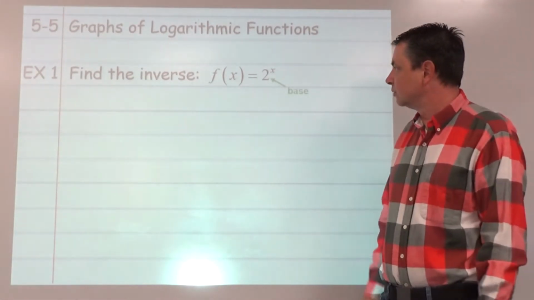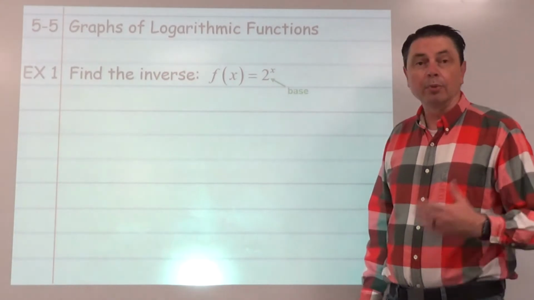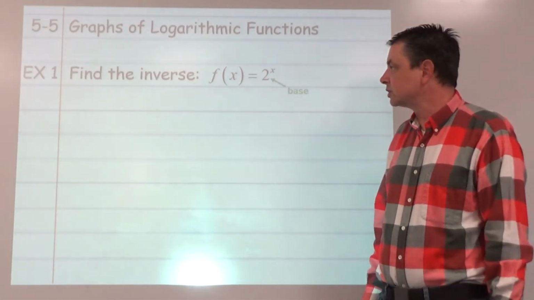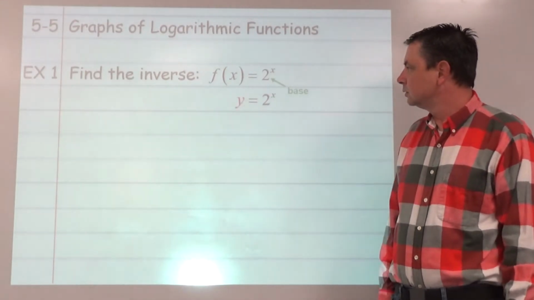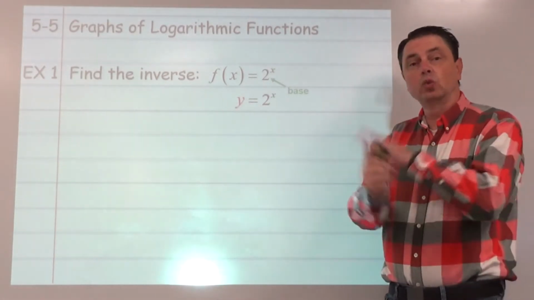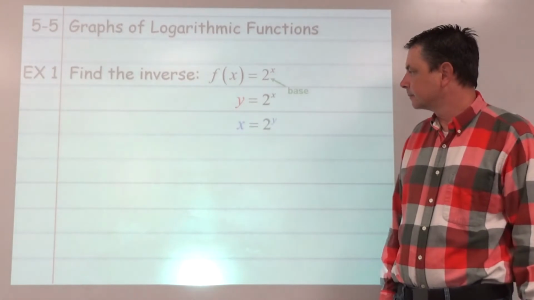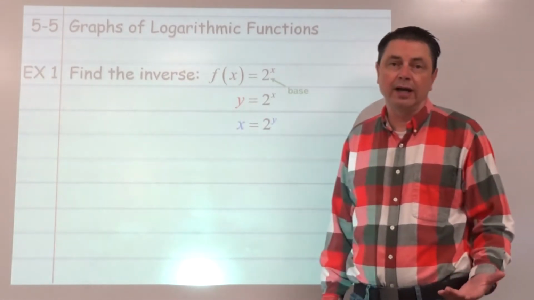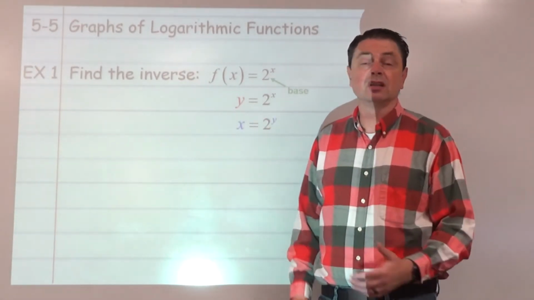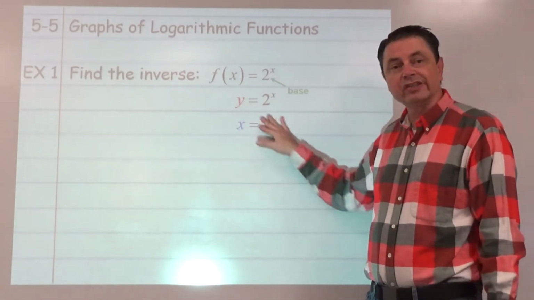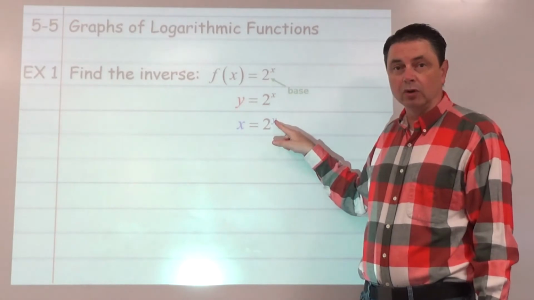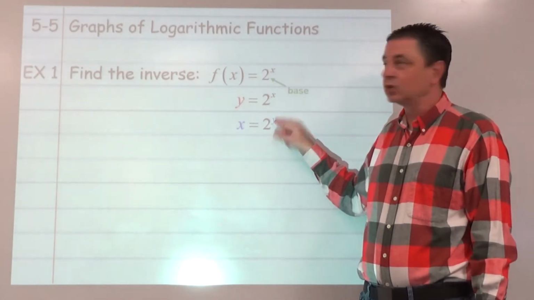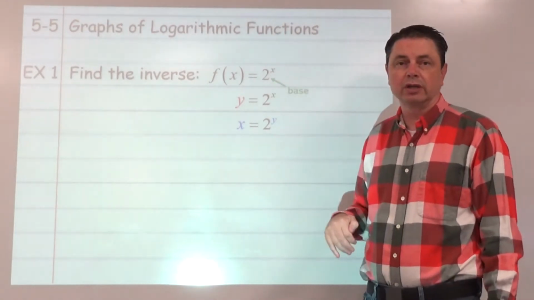Our process for finding an inverse is step 1, write it as y equals, then switch the x and the y, and then solve for y. That creates a bit of a problem because we've never had to solve for a variable that's the exponent. So that's where the logarithmic functions are going to come in.